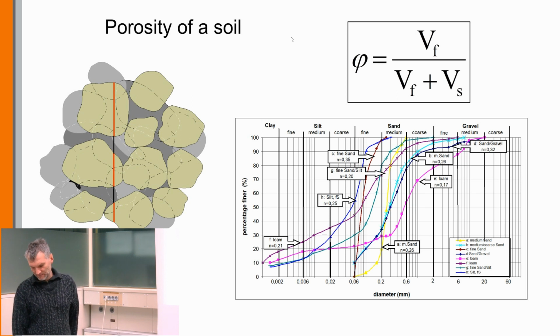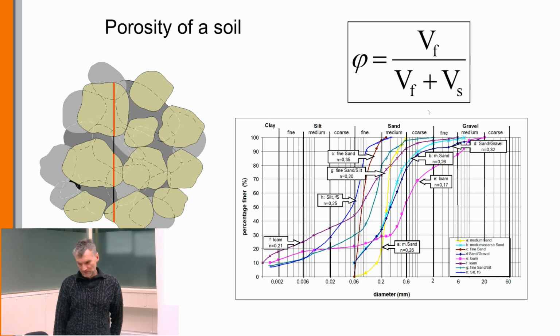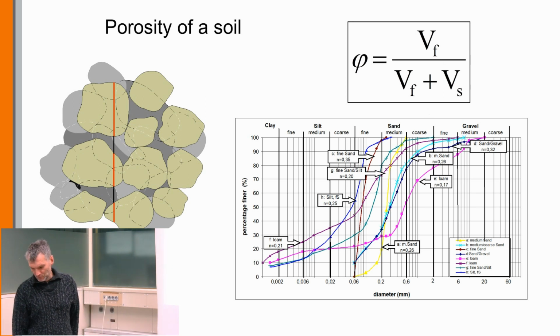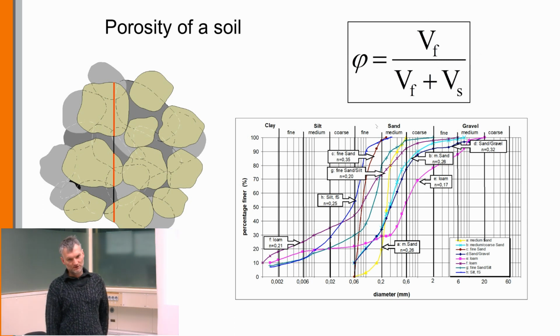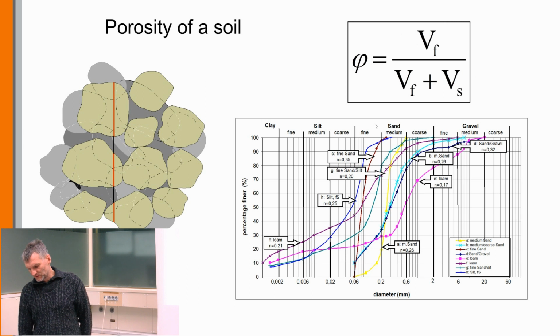The porosity phi is defined as the volume of fluid divided by the total volume. So this is the porosity of a soil, the ratio of the volume of pores divided by the total volume, fluid plus solid.